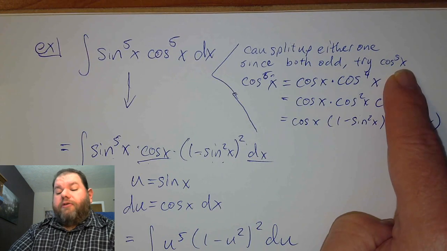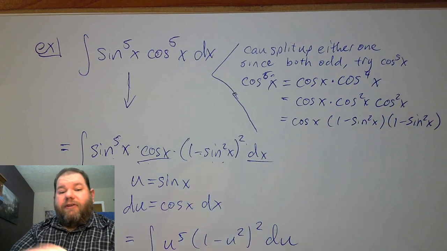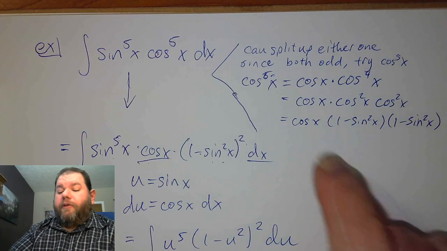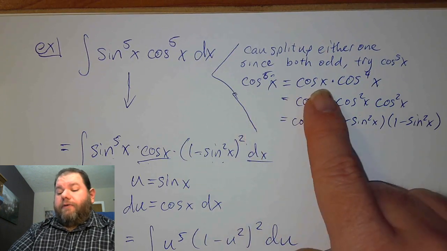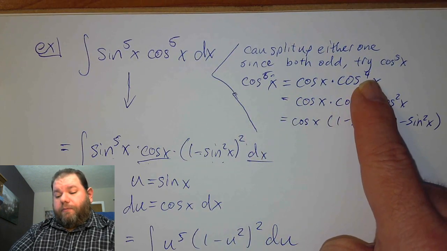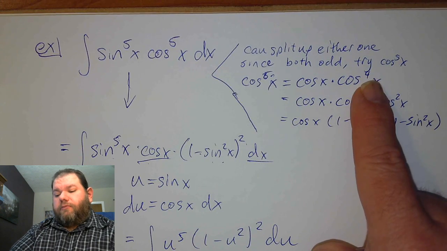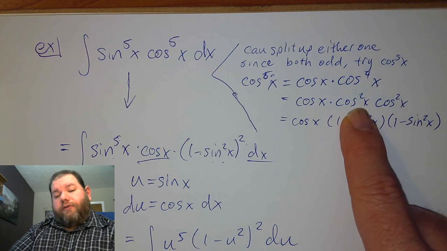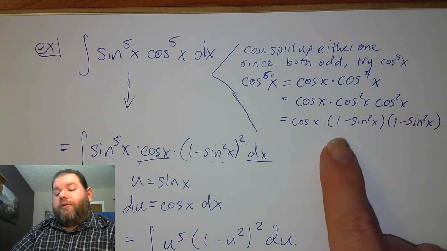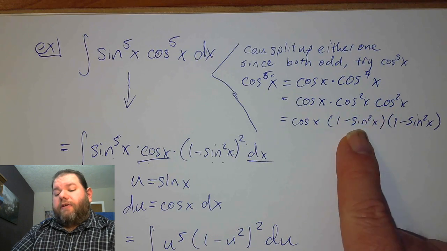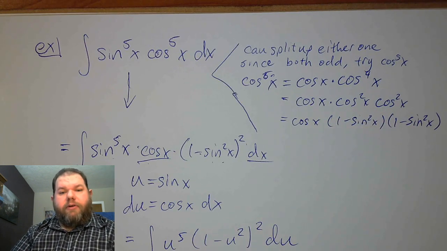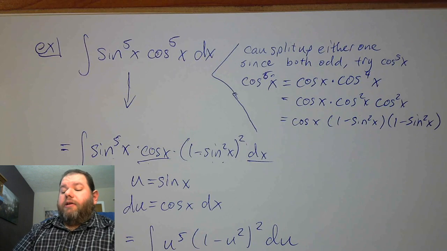This time we tried cosine to the fifth instead, since we did sine in the previous example. So cosine to the fifth was cosine times cosine to the 4. Cosine to the 4 is cosine squared times cosine squared, which we made each of the cosine squareds into 1 minus sine squared according to our identity.